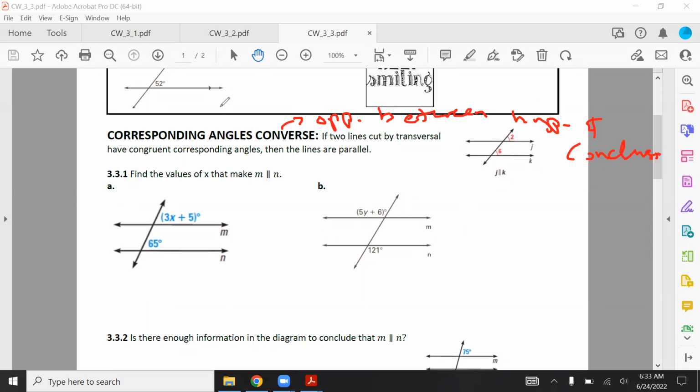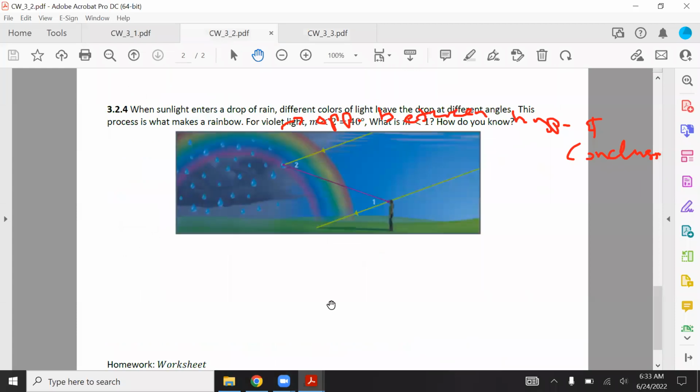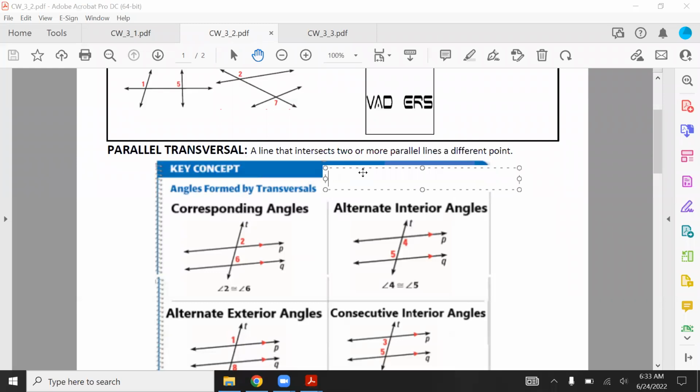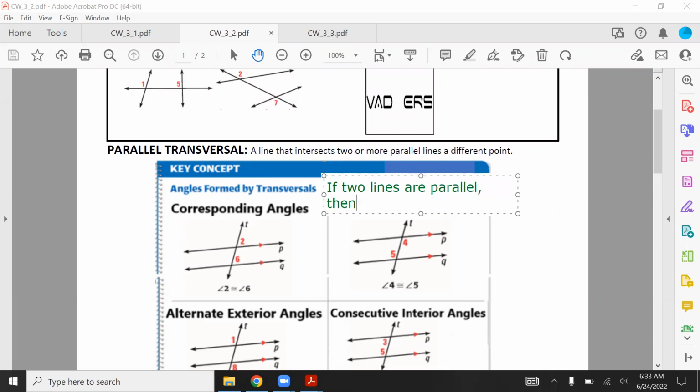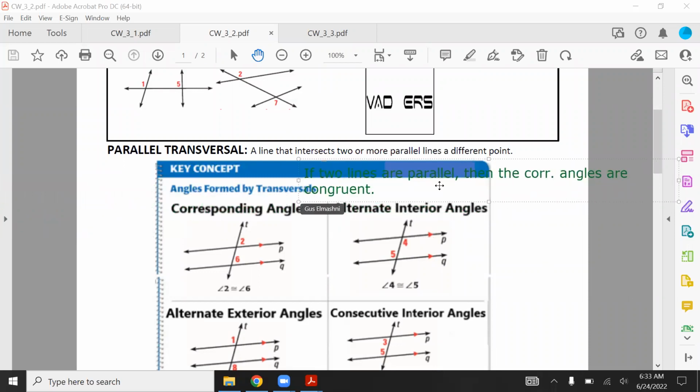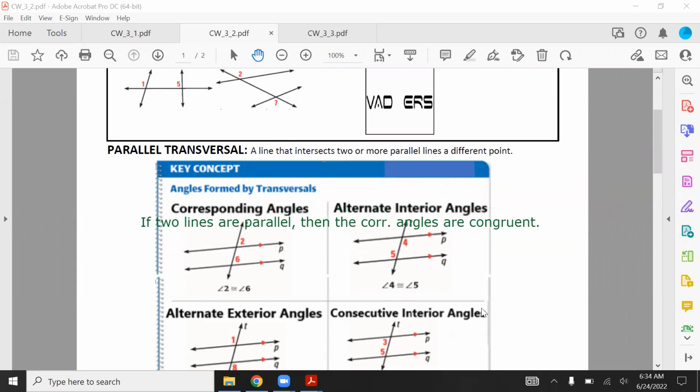So what we were saying earlier, if we go back to 3.2 really quickly, I didn't really say this as theorems, but what we were saying is that if two lines are parallel, then the corresponding angles are congruent. This is what we were saying.